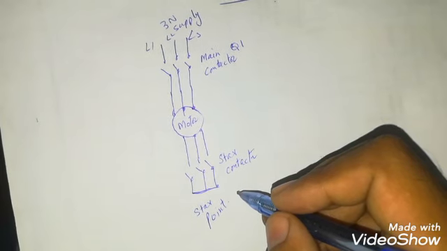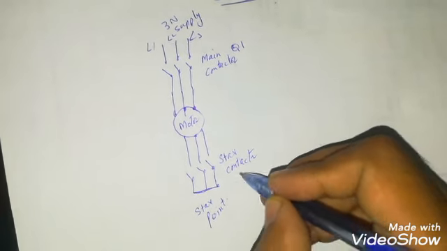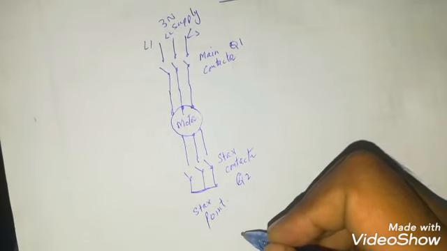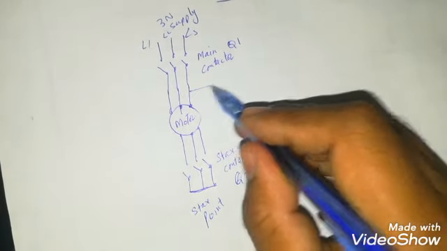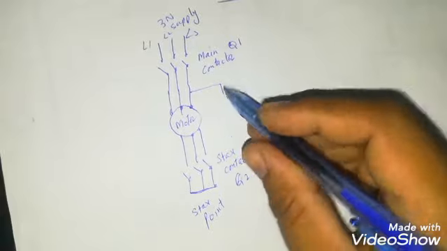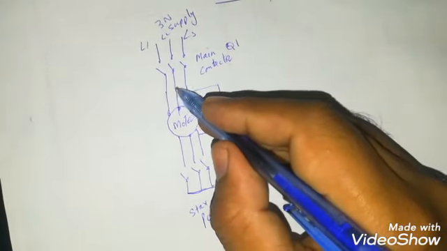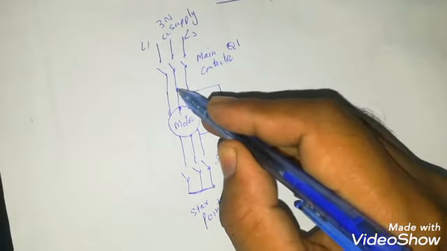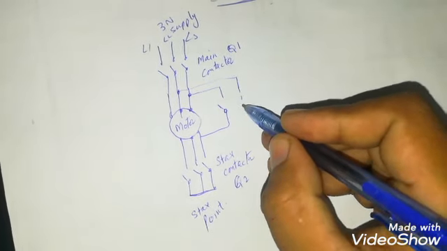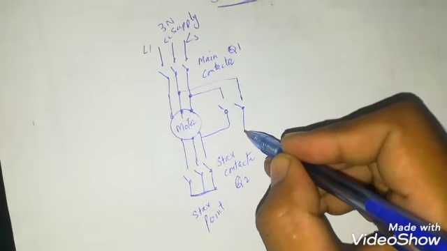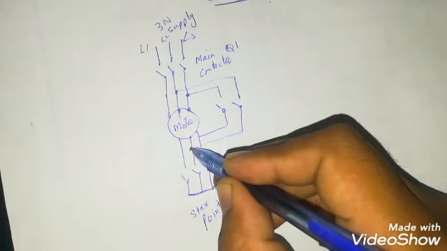As we know, in the star connection the motor takes less torque and runs at low speed, and when it is under control, our star is de-energized and our delta contactor will energize, and our motor will keep running in the delta connection.